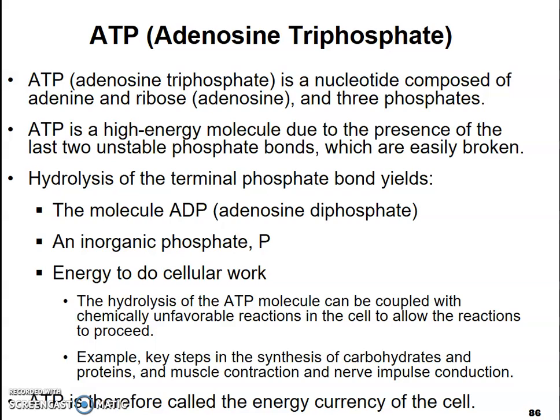Example, key steps in the synthesis of carbohydrates and proteins, and muscle contraction and nerve impulse conduction. So breaking that phosphate off allows these things to happen. ATP is oftentimes referred to as the energy currency of the cell, because anytime the cell needs energy, it uses this ATP molecule.